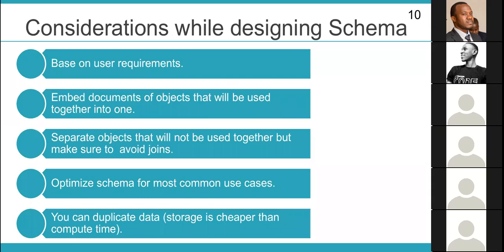So some of the considerations, things you should consider while designing your schema: you should always base it on user requirements. So if you're designing the schema for a system, before you begin to design the schema, you must make sure that you understand what the system is all about and have the requirements in check. Then another consideration here is embed documents of objects that will be used together into one.